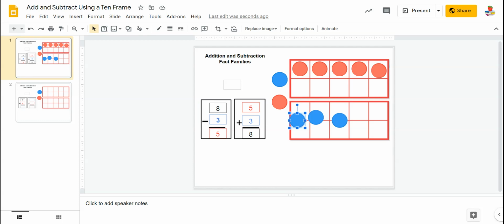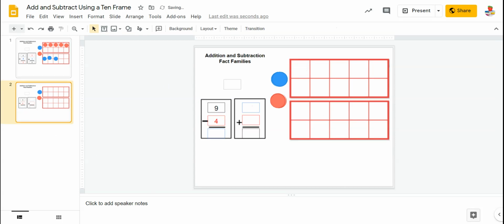Okay. Next example. I have 9 minus 4. I told you, count up to get to 9. So I'm going to start with 4 red. 1, 2, 3, 4.